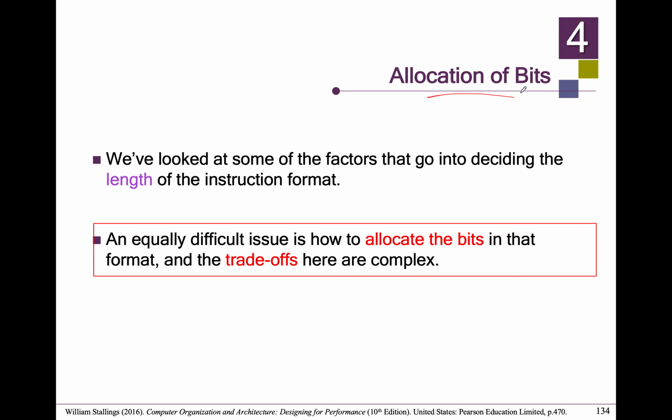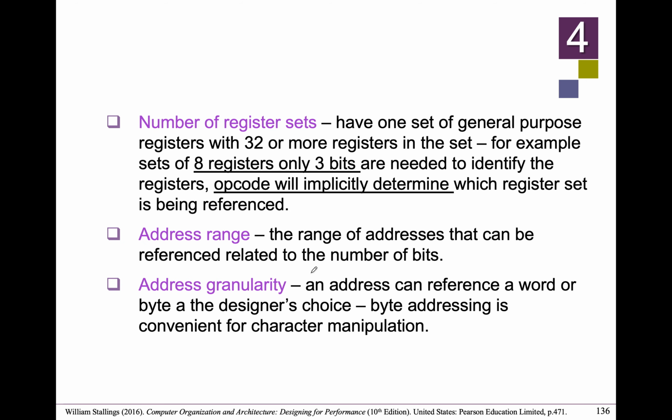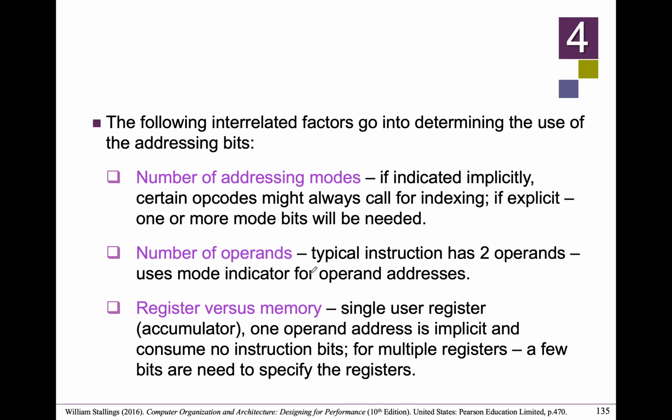Allocation of bits. We have looked at some of the factors that go into deciding the length of the instruction format. Another issue is how to allocate the bits in that format, and the trade-offs here are complex. In terms of addressing bits, the following interrelated factors go into determining the use of the addressing bits. There are 6 altogether.